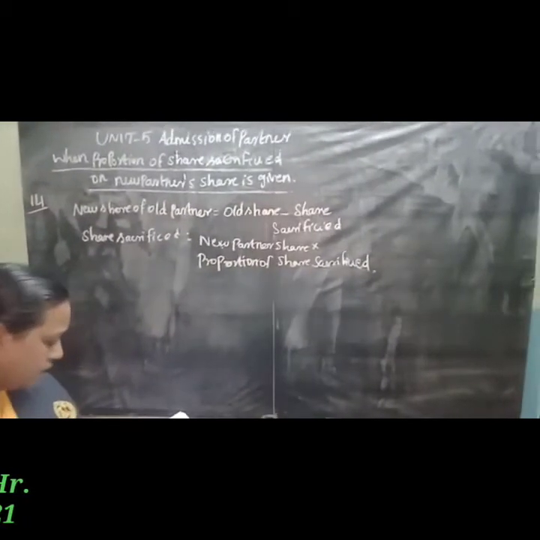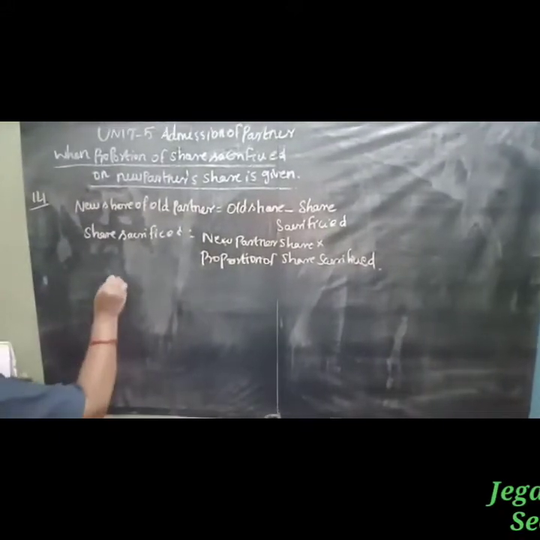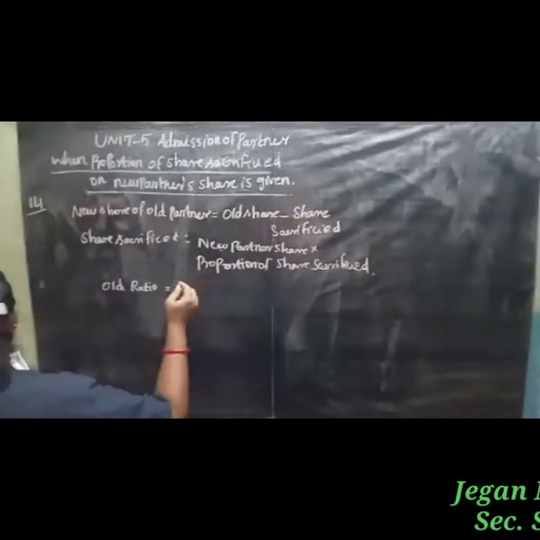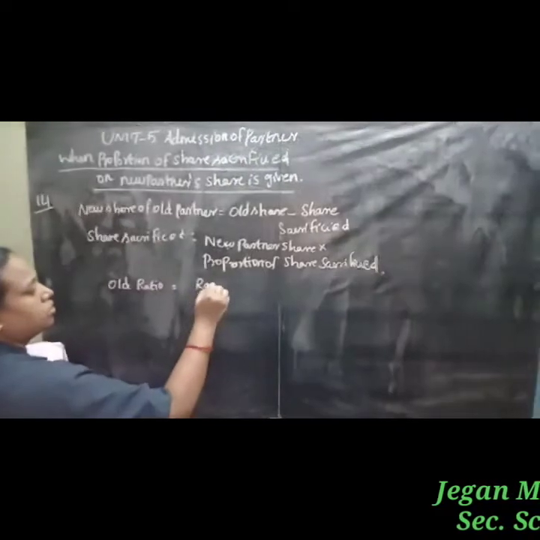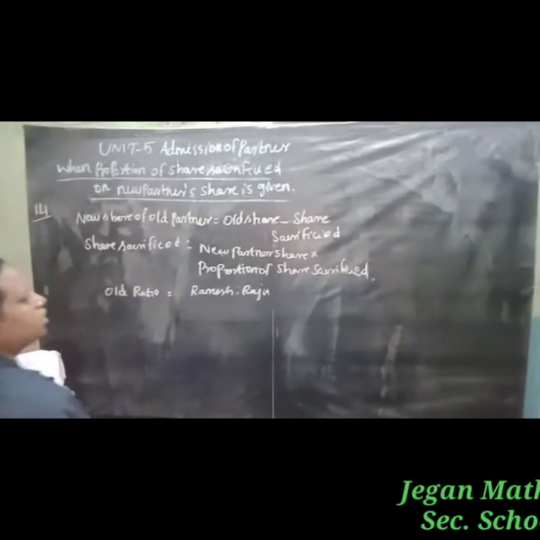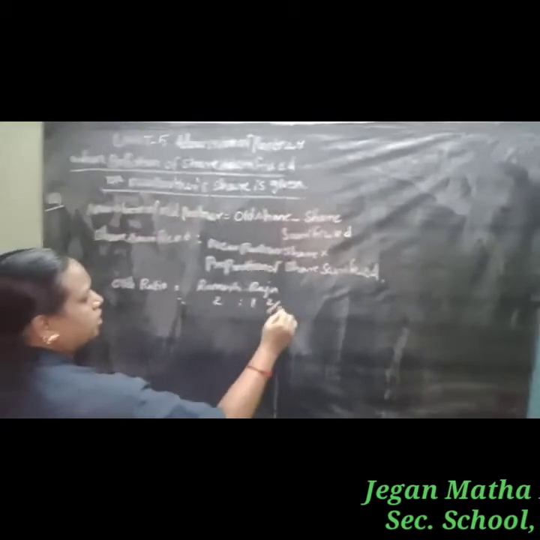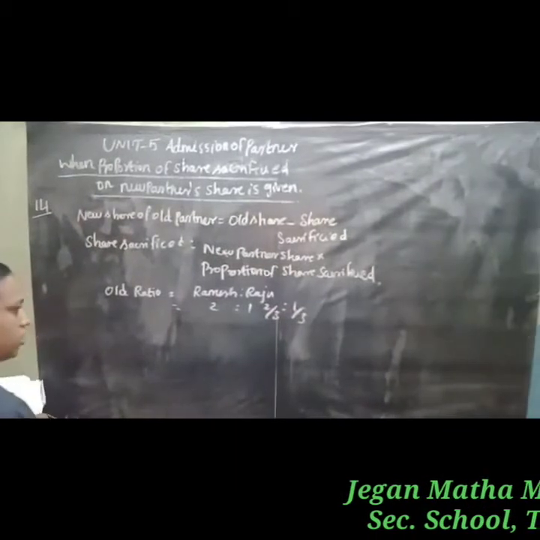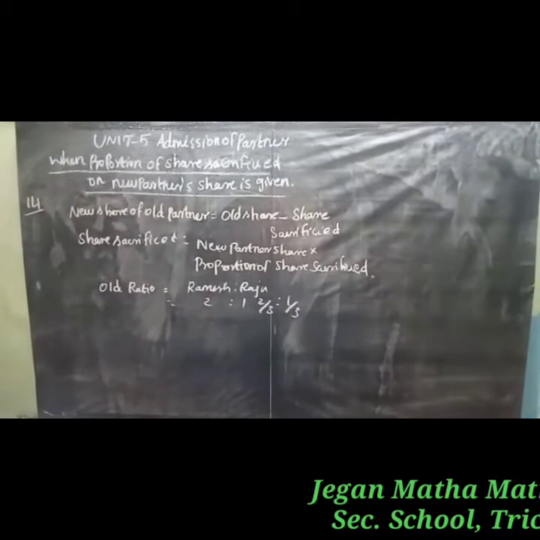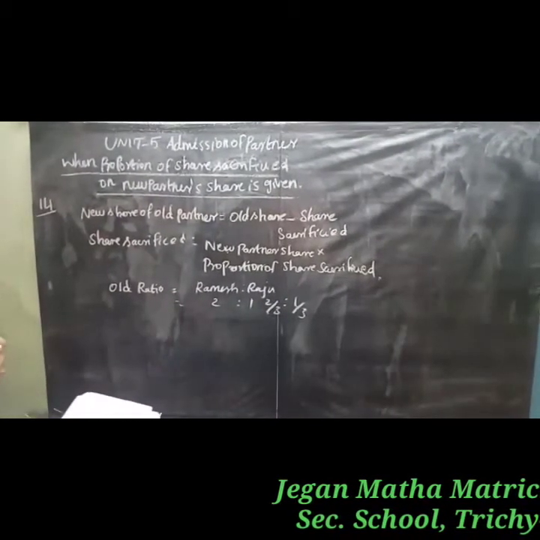Ramesh and Raju are partners sharing profit and losses in the ratio of 2:1. So we have to find the old ratio. The partners are Ramesh and Raju, so the old ratio is 2/3, 1/3.